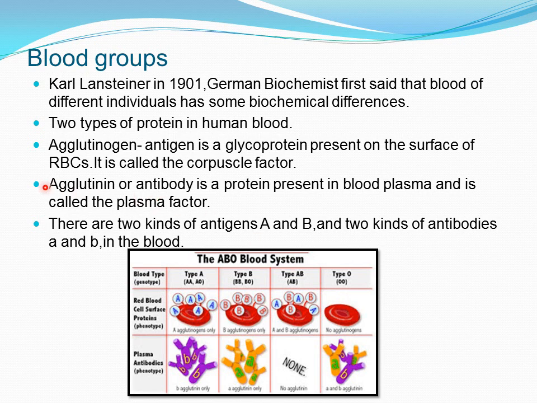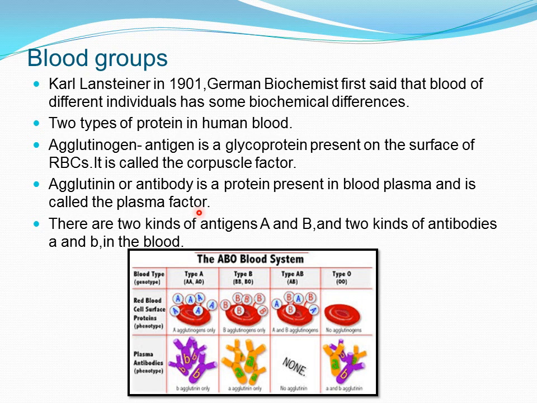Now let us come to the second protein factor, that is agglutinin or antibody, which is a protein present in the blood plasma. The second one is present in the blood plasma and is called the plasma factor.